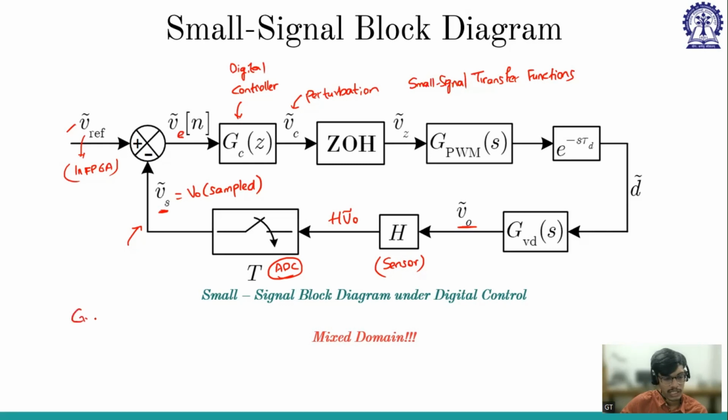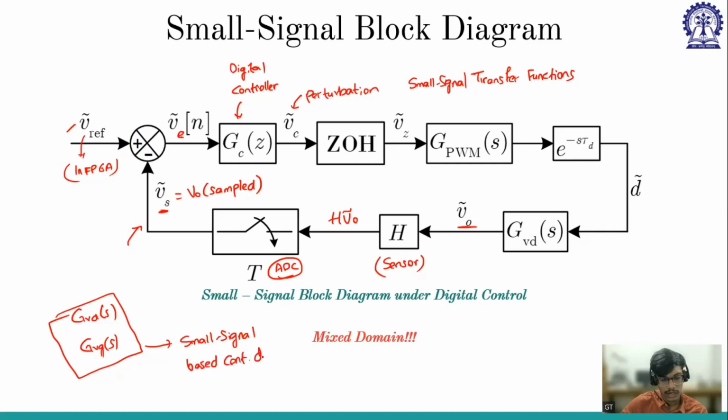When you say G_vd of s or G_vg of s, these are all small signal. And this controller design is called small signal based controller design. We are getting this around the steady state, and using that we are designing the controller.